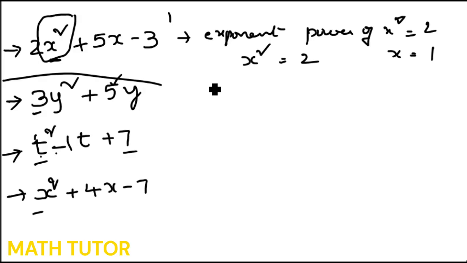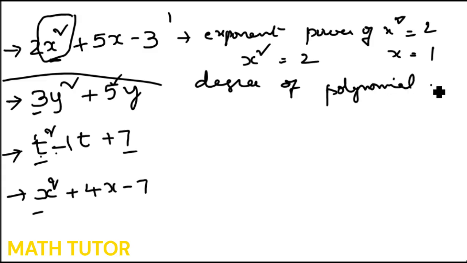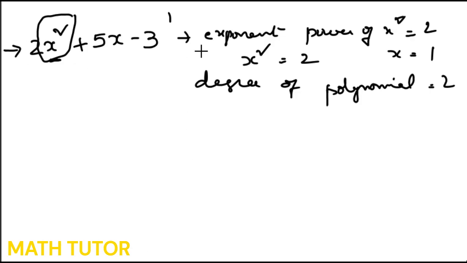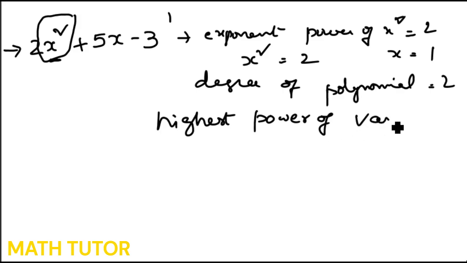So the degree of the polynomial will be 2. Whenever any expression comes like this, if it's asked for the degree of the polynomial, you have to consider the highest power of the variable, and that will be the degree of the polynomial.